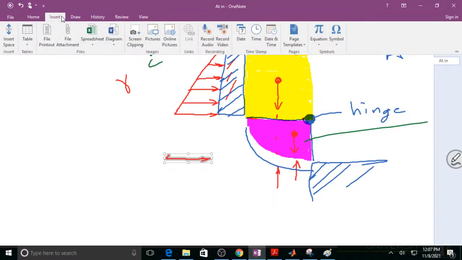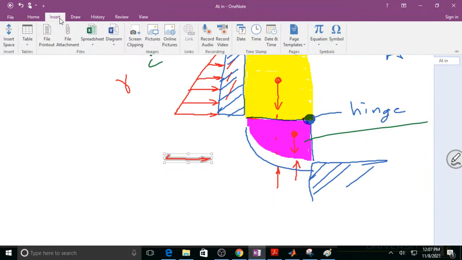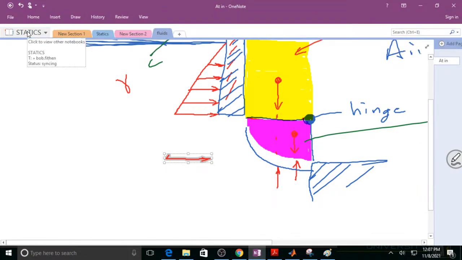So what I was trying to do, okay, let's see if I can fix this. How am I going to do this? I can do that. Okay, well that moves that, but that doesn't move the other. Ah, there we go.